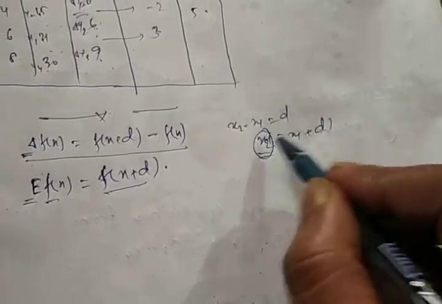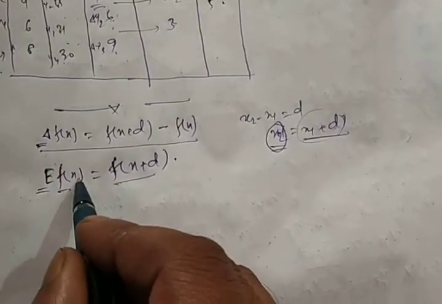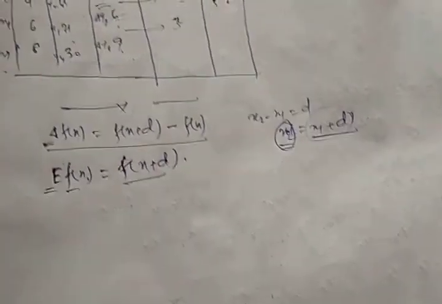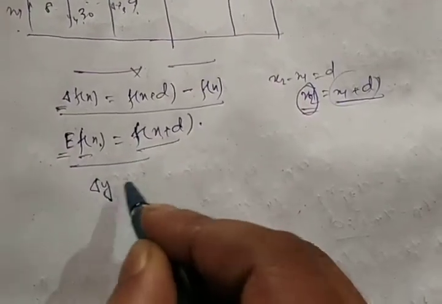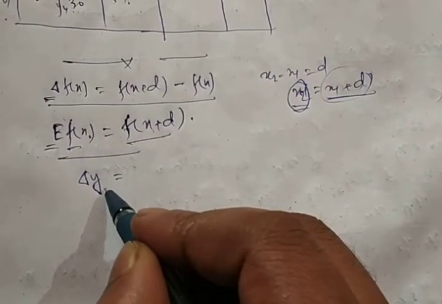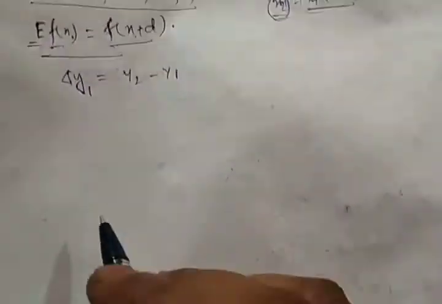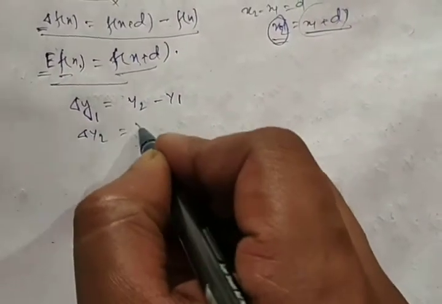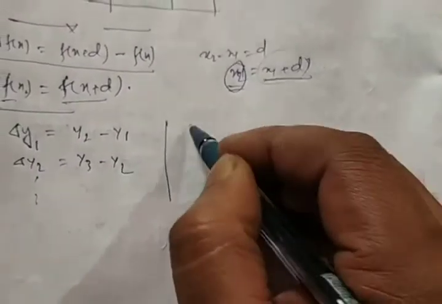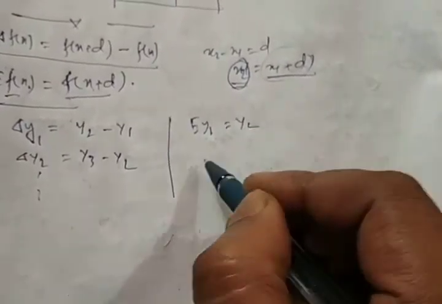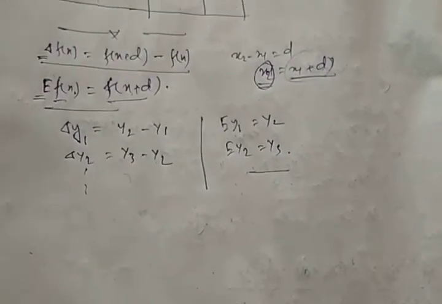So x1 plus d represents the next value, that means f of x2. In argument form, delta y1 equals y2 minus y1, delta y2 equals y3 minus y2, and similarly. And by the shifting property, E of y1 equals y2, E of y2 equals y3.